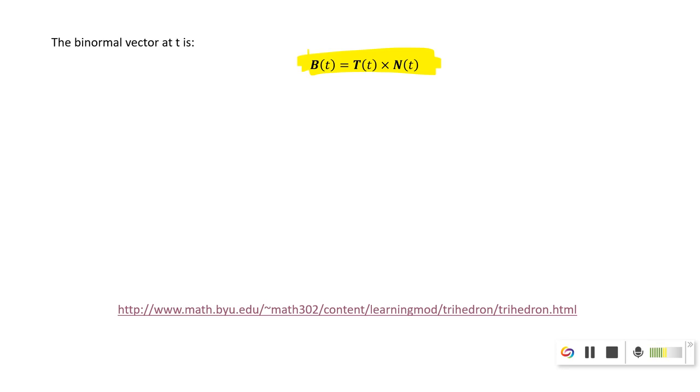I want to show you a picture of what that looks like. I'm going to go to a website to do that instead of trying to draw it by hand. I'm not actually going to do an example of computing the binormal vector, simply because I'm not going to ask you to do that in the homework. Homework is really going to focus on computing these tangent vectors, normal vectors, arc length, curvature. But I do want to show you a picture.